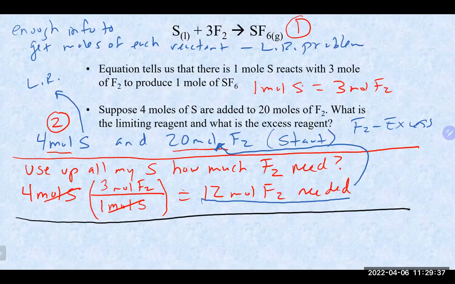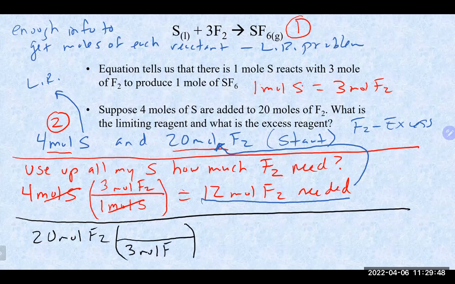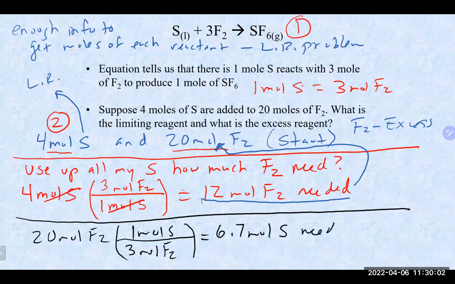I would start with my moles of fluorine and use the same relationship from the equation, reversed since we're doing the opposite calculation. 1 mole of sulfur for 3 moles of F2 gives me 20 divided by 3, which is 6.7 moles of sulfur needed to use up all of the fluorine.